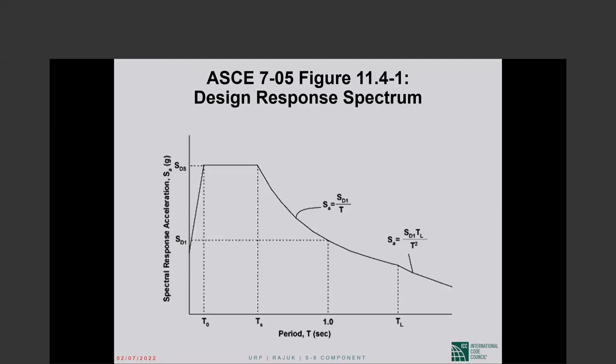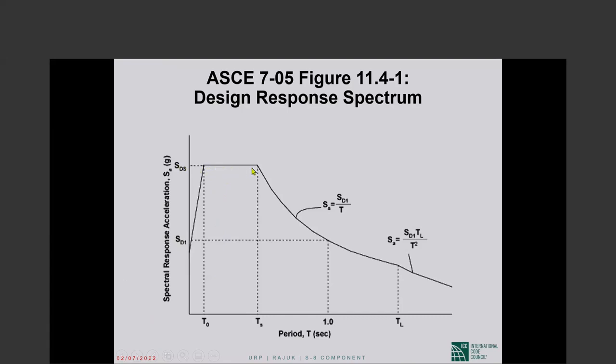Okay. So the design spectrum of ASCE 7 is defined by a flat top, which in turn is defined by S sub DS. S sub DS is the ordinate to the design spectrum at a period of 0.2 second.